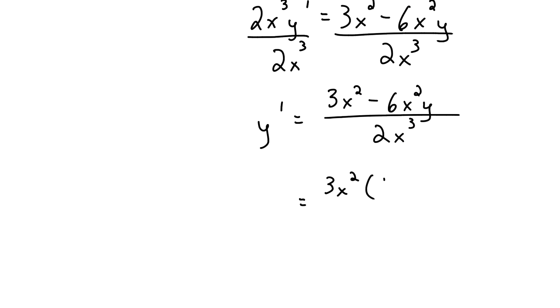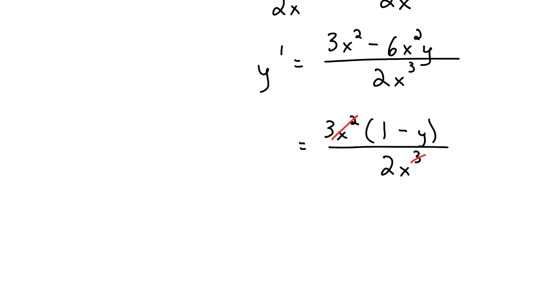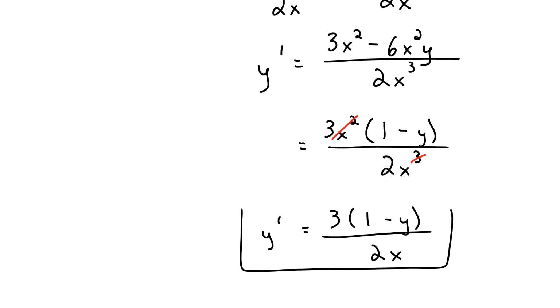That would leave me with 1 minus y in my numerator divided by 2x to the third power. And now we can go ahead and cancel out a power of x squared from our numerator and our denominator, which means that we are left with 3 times the quantity 1 minus y all over 2x. So this is our y prime, and this is an example where our derivative is both in terms of y and x. We have both of them.